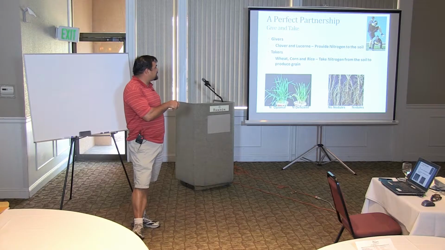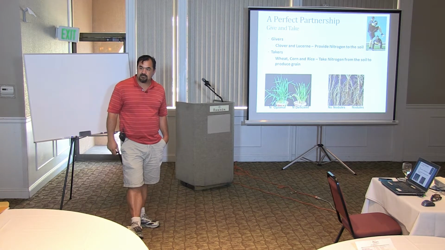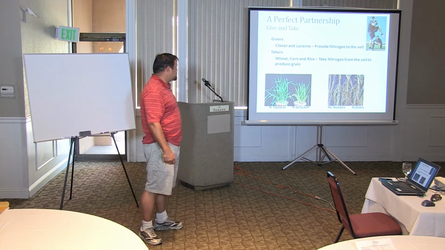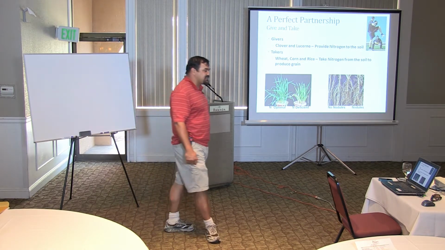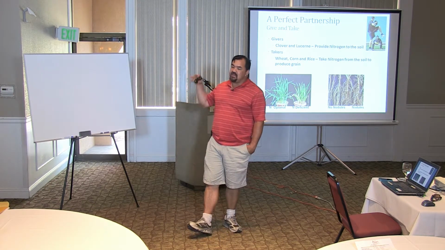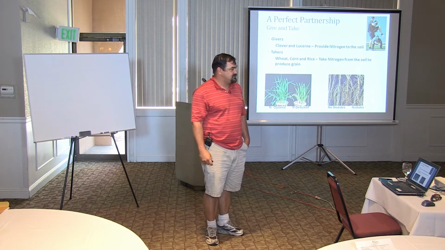Both of these plants, when they are growing, will provide nitrogen to the soil. Wheat, on the other hand, and same with corn and rice, all of these are nitrogen takers. In order for them to produce at high levels, they have to have a fairly high dose of nitrogen.